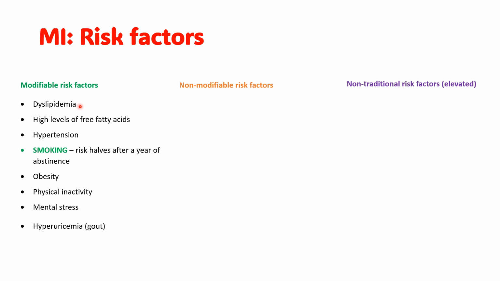High levels of HDL increases the availability of lipids to be deposited within the arterial walls, so that's something we don't want. High levels of free fatty acids are also a risk factor. And then the more obvious ones like hypertension, smoking, and hyperuricemia as well. High levels of uric acid seen in gout can precipitate an acute MI.